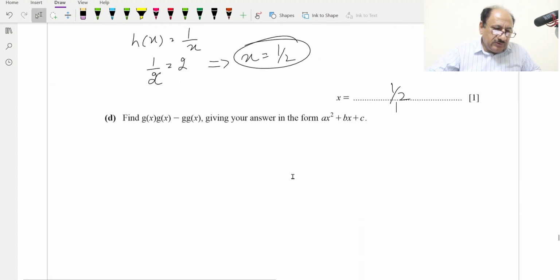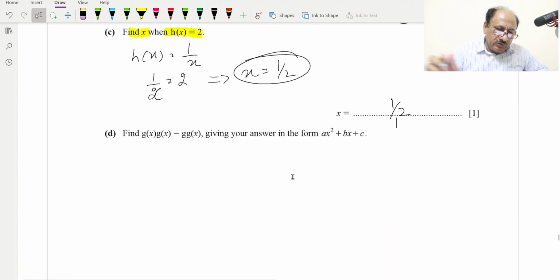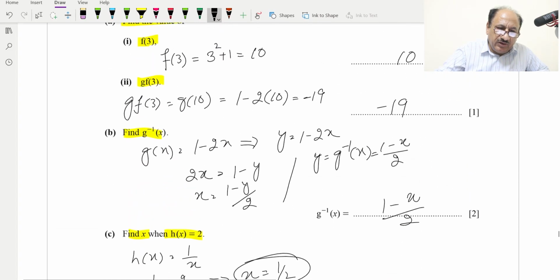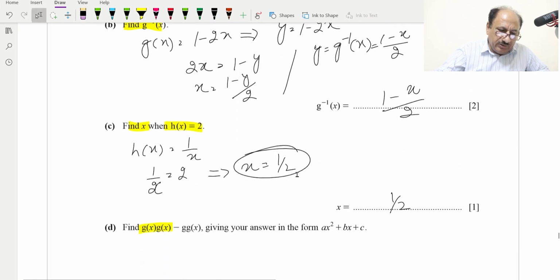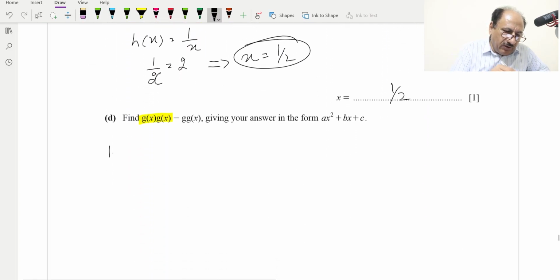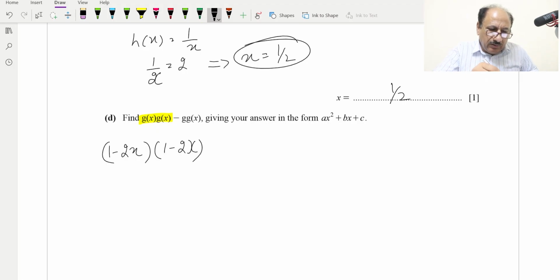So then comes g of x minus g of g of x. These are basically the composite functions. So first we will be finding this portion, g of g of x. We know g of x is what? G of x is this one, 1 minus 2x. So we will write 1 minus 2x into 1 minus 2x, this one, minus g of x.